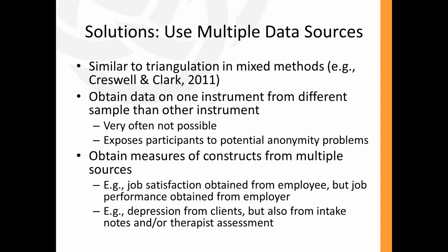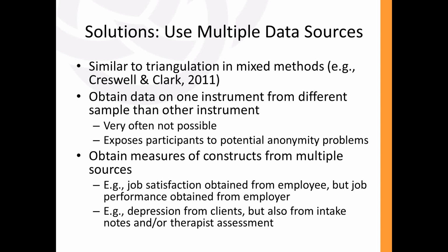And you can also get information from multiple sources, not just other individuals, like I have in this first example about job satisfaction from employees, job performance from managers, but you can also get information from things like intake notes, therapist assessments. Depending on the field you're in, there are going to be different options.